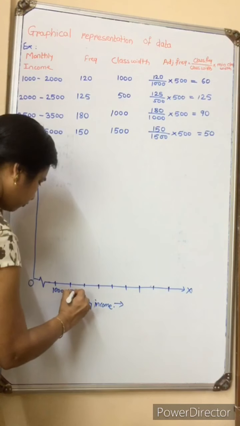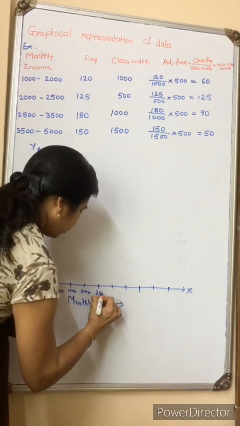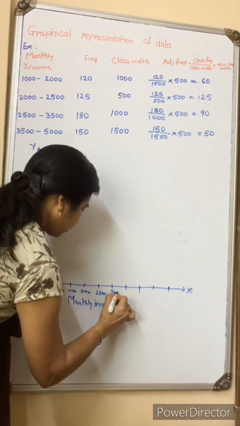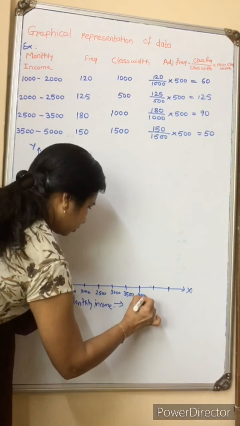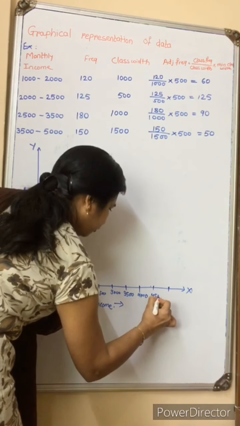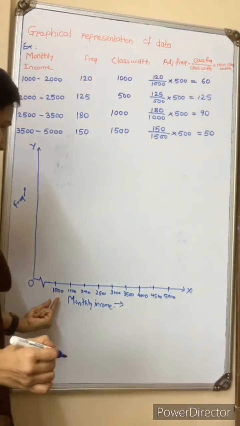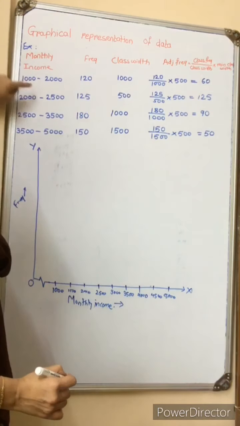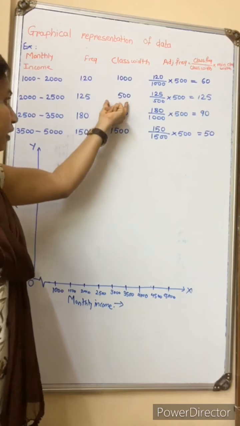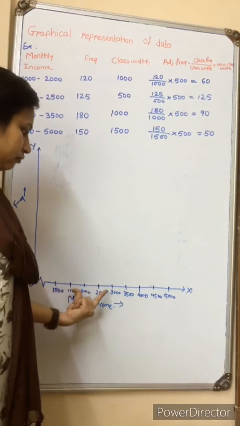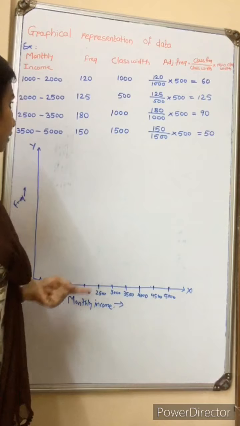Here is 1500, 2000, 2500, 3000, 3500, 4000, 4500, 5000. We need to mark from 1000 to 5000, having minimum width of 500, then only we get the correct bars here.